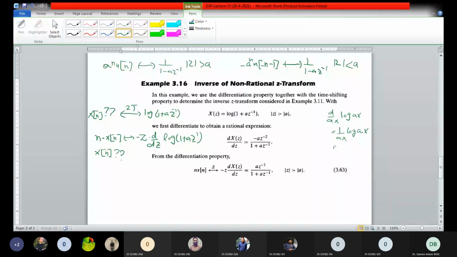So this would be equal to 1 by x. How? Because the a cancels, and the answer you get is 1 by x. Okay?